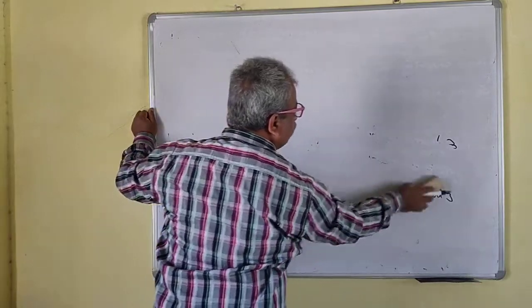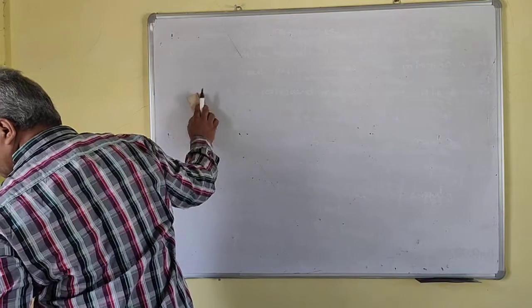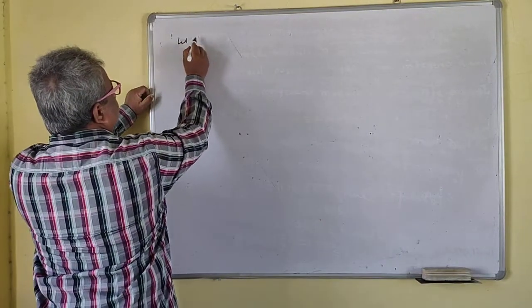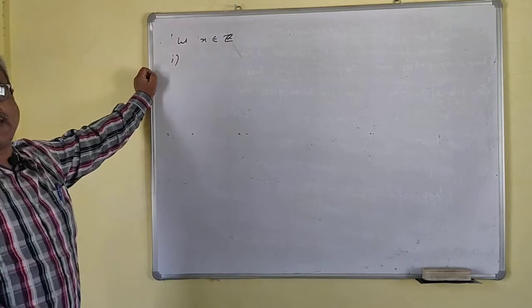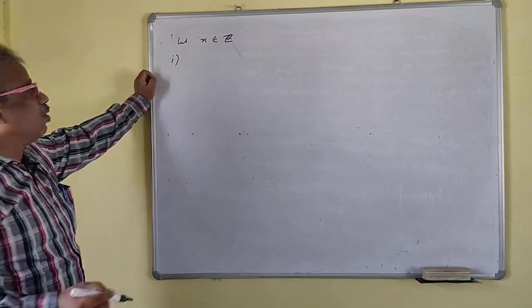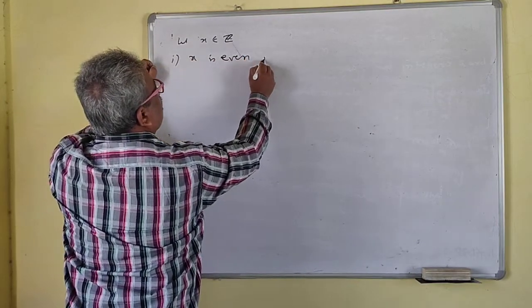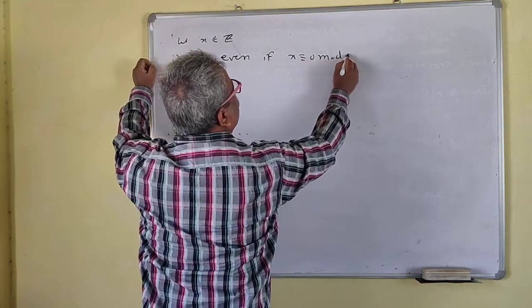I will take a note down here. Okay, so let x belong to Z. X is an integer. That means it may be even or odd. Okay, x is even if x is congruent to 0 mod 2.